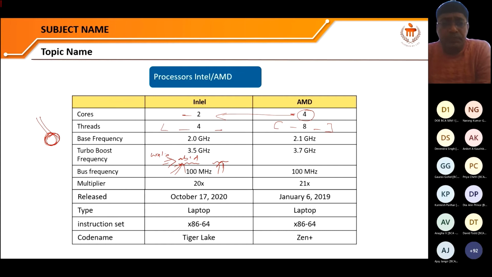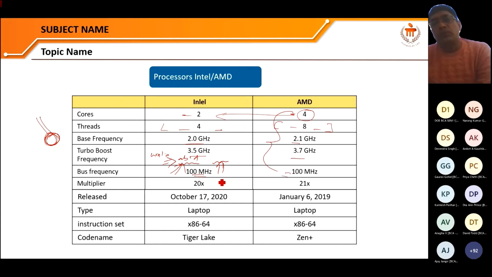Here in a kernel we are using fork, read, write, exit, and here the base frequency is 2.2. This here is 2.1, 3.7, 3.5. It means AMD's working performance is better, but here the bus frequencies are equal. It means they can transfer data at equal speed.